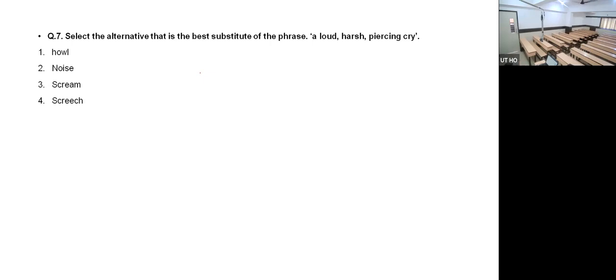Now let's look at the words. Howl would be just a loud sound, right? If you say noise, noise is also just a loud sound. Now, howl, would it be piercing? Could be, but howl isn't always really piercing. It could be harsh. Noise is just loud.